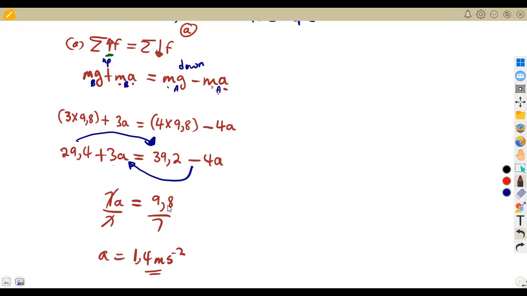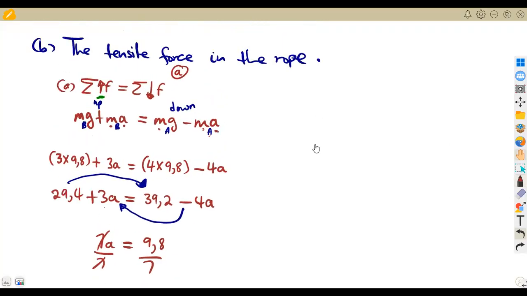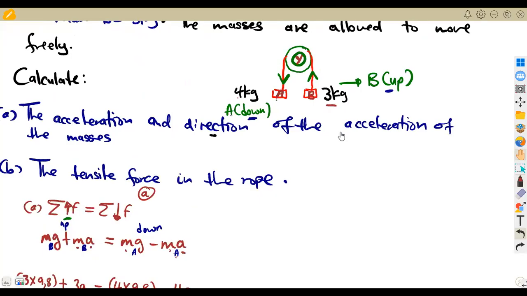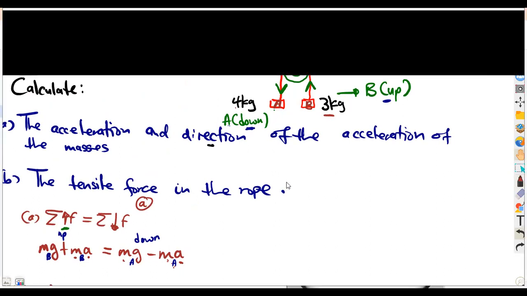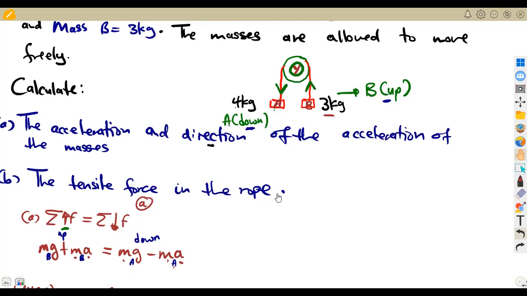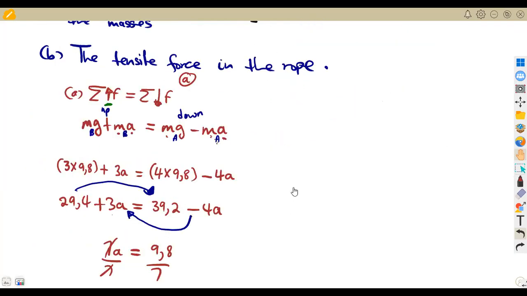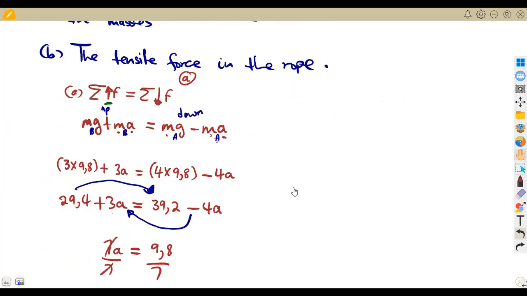So the question now is, in which direction? Which part is taking control of the 1.4? The one that is dragging the other one down. So it's in the direction of what? Of the 4 kg, because the 4 kg is the one that is dragging our 3 kg down at the end.